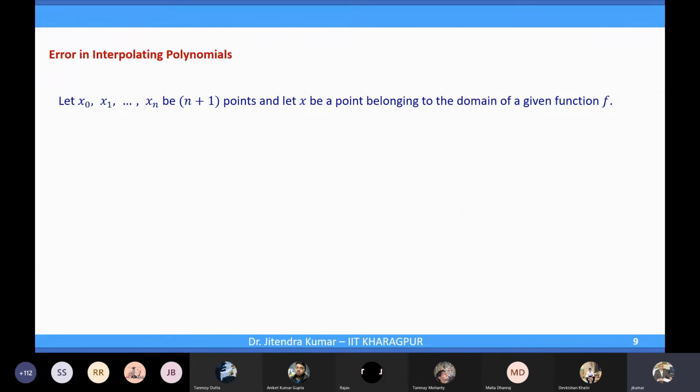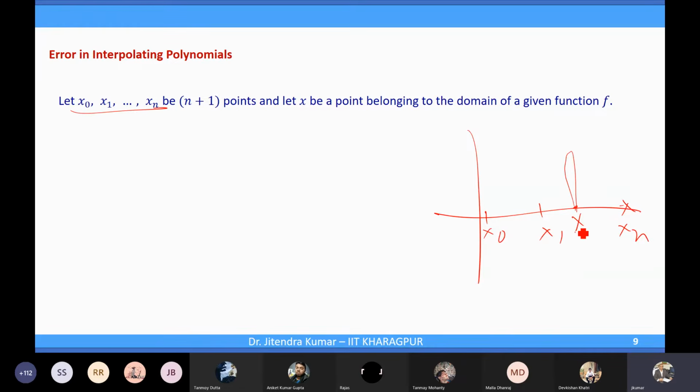So suppose we have x0, x1, ..., xn, n plus 1 data points, and x is a point belonging to the domain of the given function, right? Is that a clear statement? So we have these points x0, x1, x2, and xn, and then we have x, which is somewhere between, not exactly at those points where the value is already known.